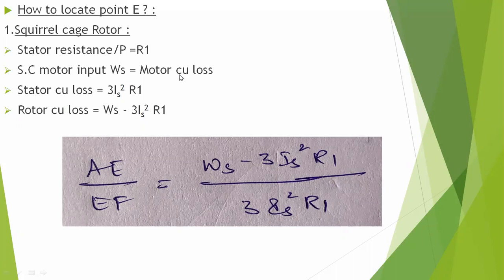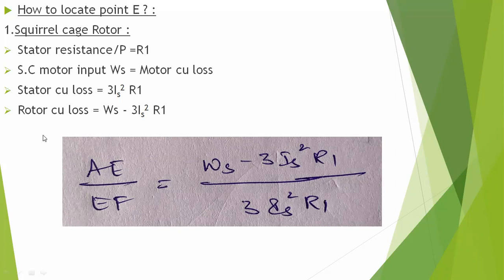Okay, so now we know that motor copper loss comprises rotor and stator copper losses. Both we have. So stator copper loss is equal to 3Is square R1. That's why I am putting R1. And rotor copper loss, we don't know.